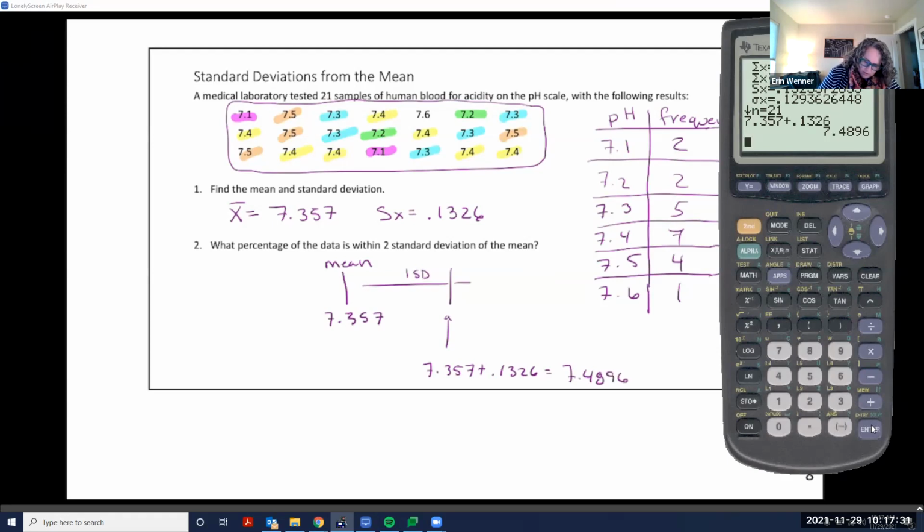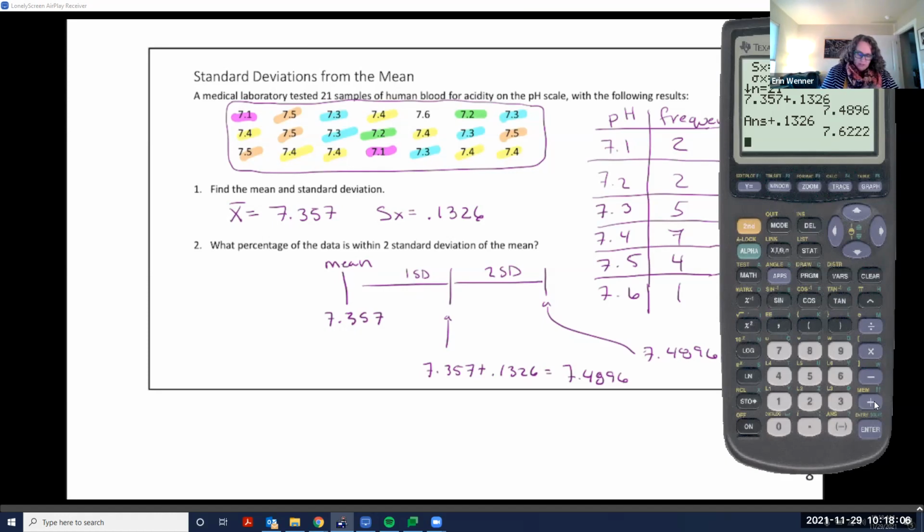If I go out 2 standard deviations, that means I'm going to add on another of our standard deviations. So 7.4896 plus 0.1326, and I get 7.622. Remember, our highest pH is 7.6, so that's within the 7.622.